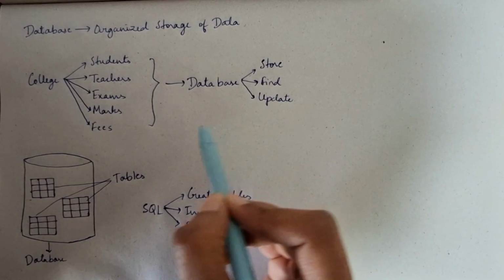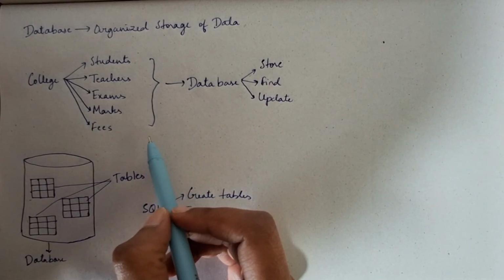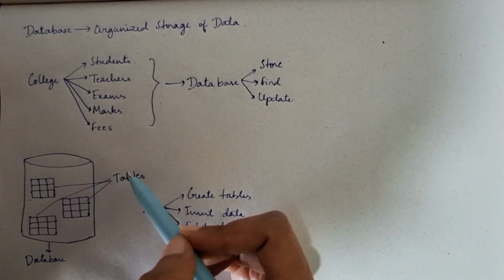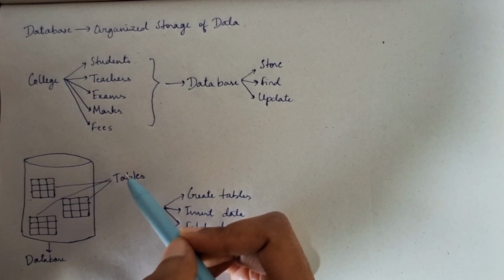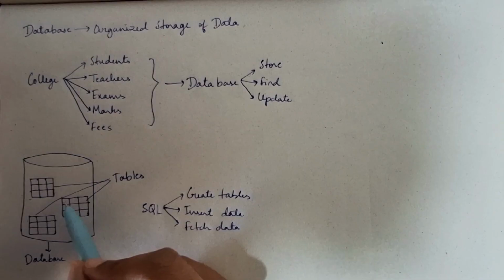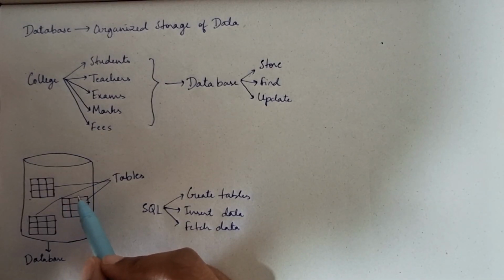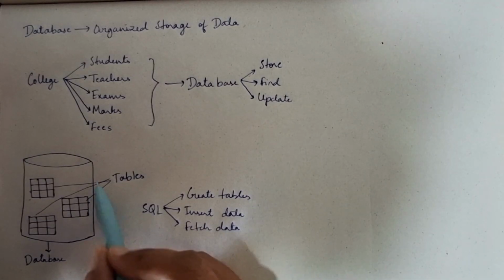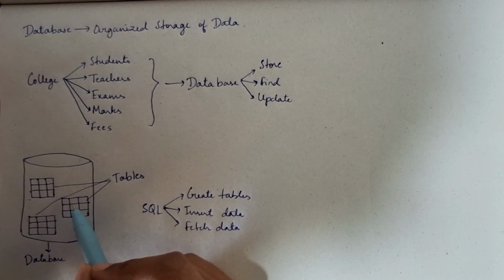And guys, I want to clarify that many beginners think that a database is just one single file, but that's not correct. A database contains many tables. A database is actually a container. Inside one database, we have multiple tables. This is a big box of database.